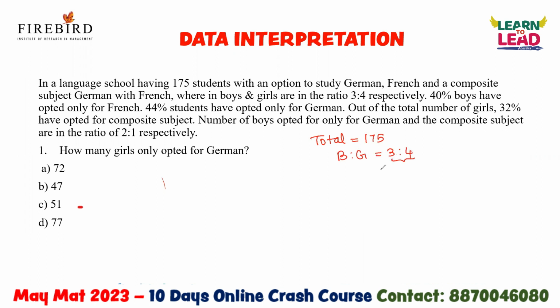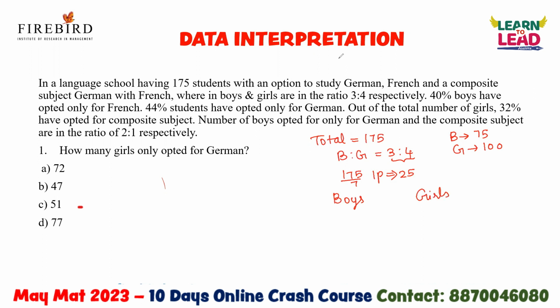The ratio is 3:4 and the total parts will be 7. So divide 175 by 7, you will get the value of one part, which is 25. So total number of boys present were 75 and total number of girls present were 100. Now split this into boys and girls.